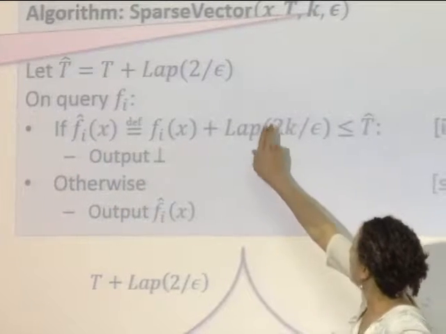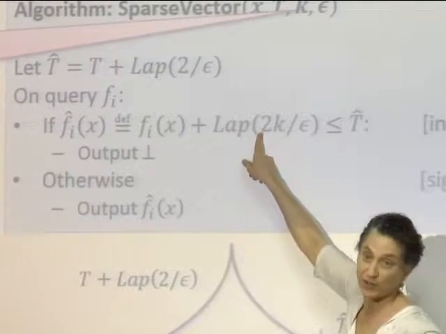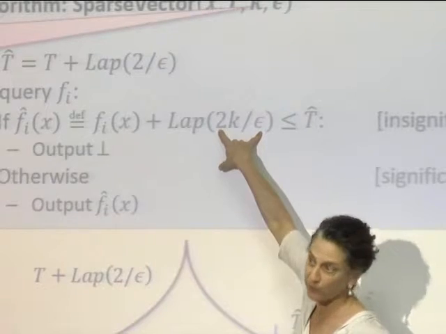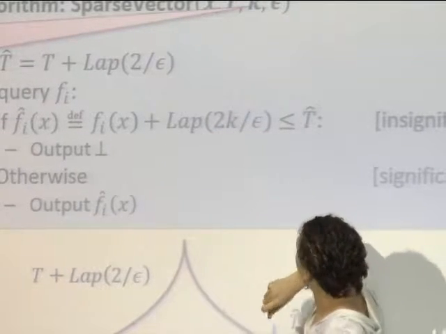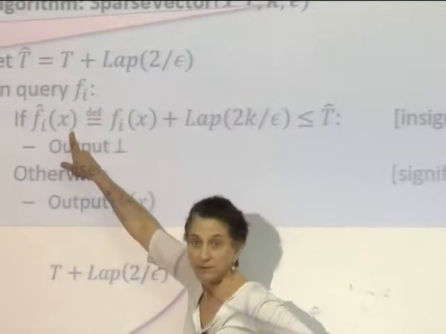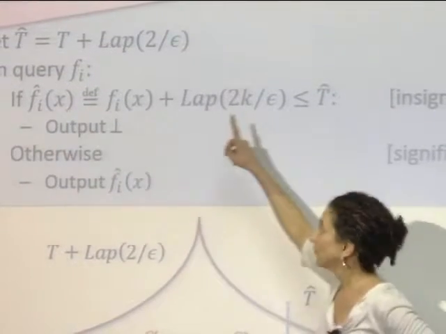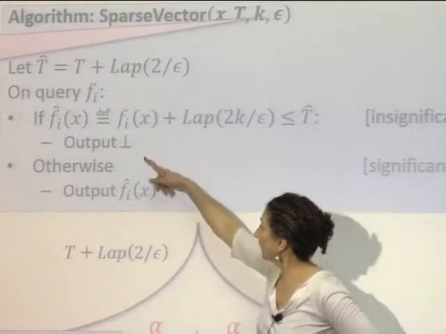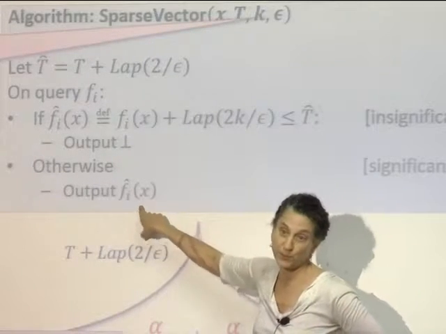So instead of scaling to k over epsilon, we're going to scale to 2k over epsilon because we only have an epsilon over 2 left in the privacy budget. And so if this noisy answer is less than our noisy threshold, then we'll output bottom, and otherwise we'll just output the noisy answer.